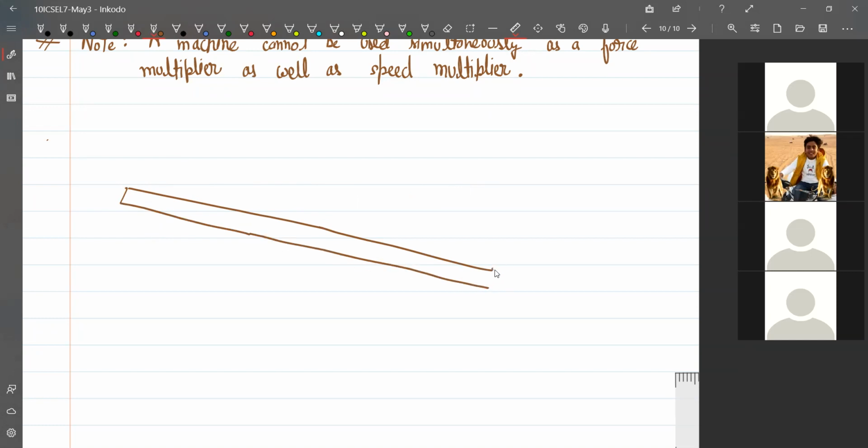A block, a rock, is kept here. And this is your fulcrum.